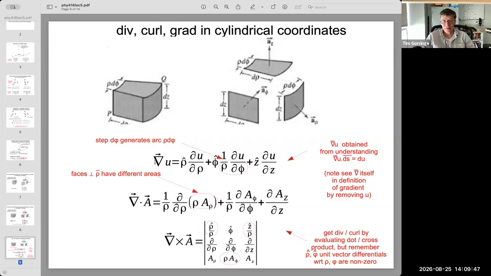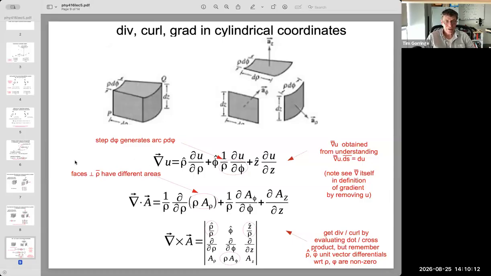I think the textbook has details on how to derive them. It's not difficult to derive them. But I want to just walk through them and show you some of the differences they have compared to the same things, grad, div, and curl in the language of rectangular coordinates.